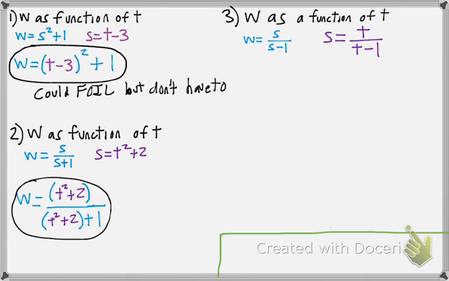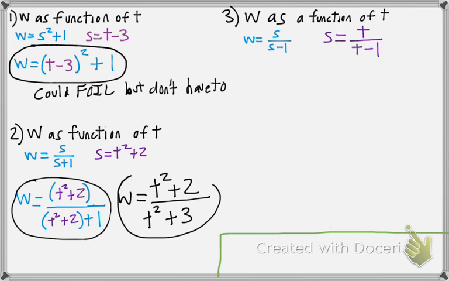If you want to simplify it, because it's not that hard to simplify, you could. So w would be equal to t squared plus 2, and this is over t squared plus 3. And that would be your answer.